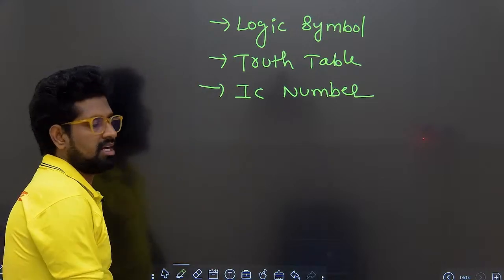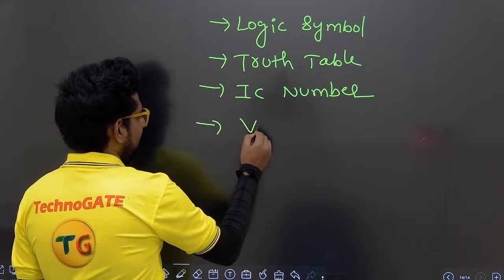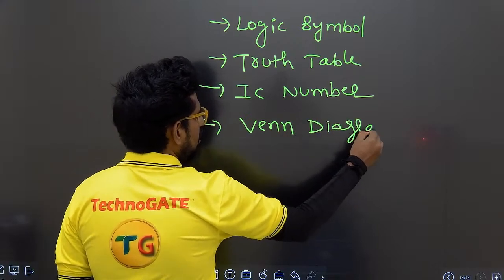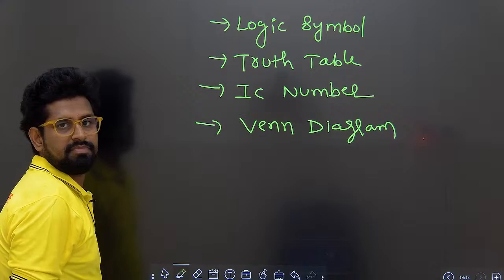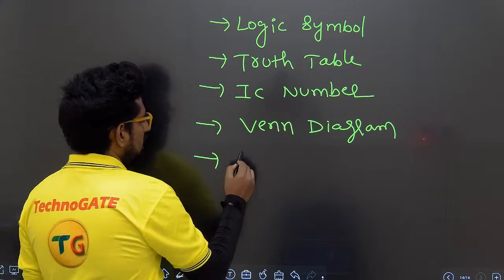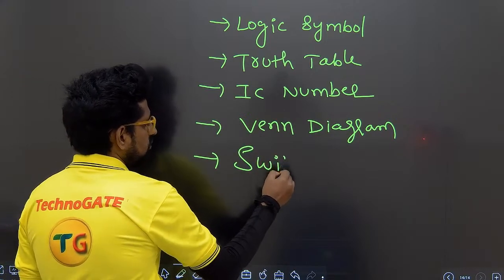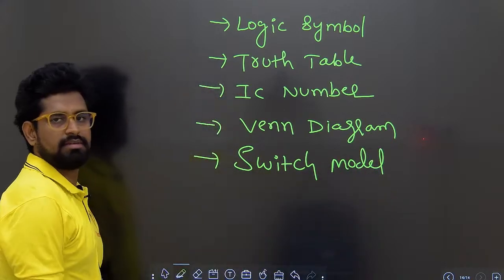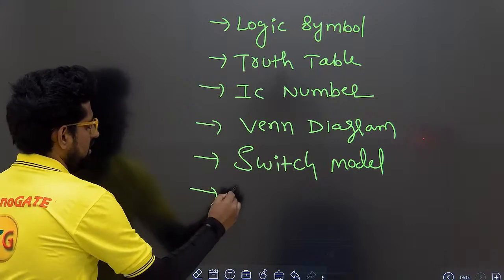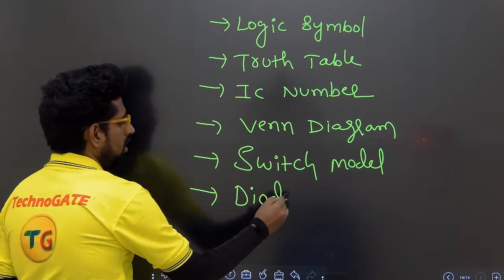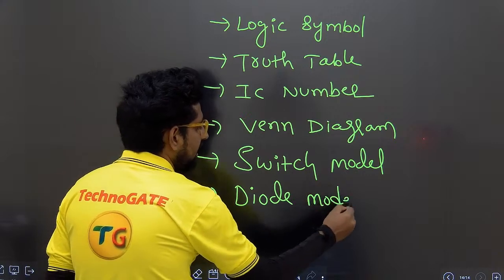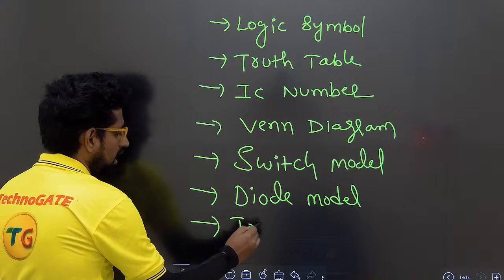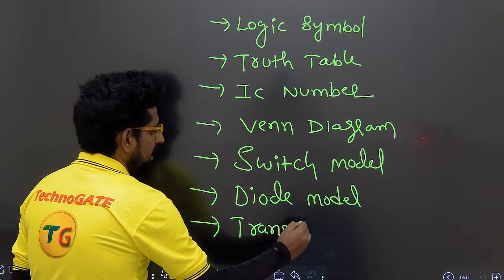Then the Venn diagram model of AND gate. Then the switching network or switch model of AND gate. Then the diode model of AND gate. Then the transistor model of AND gate.